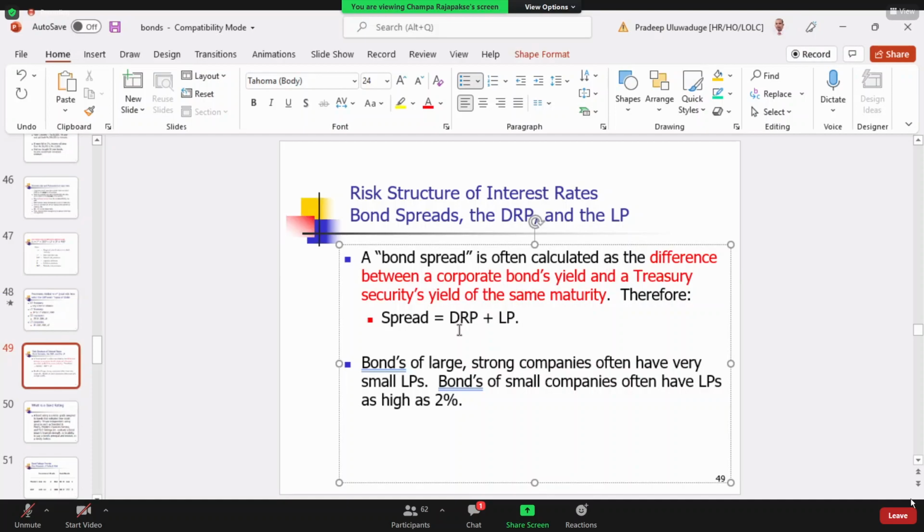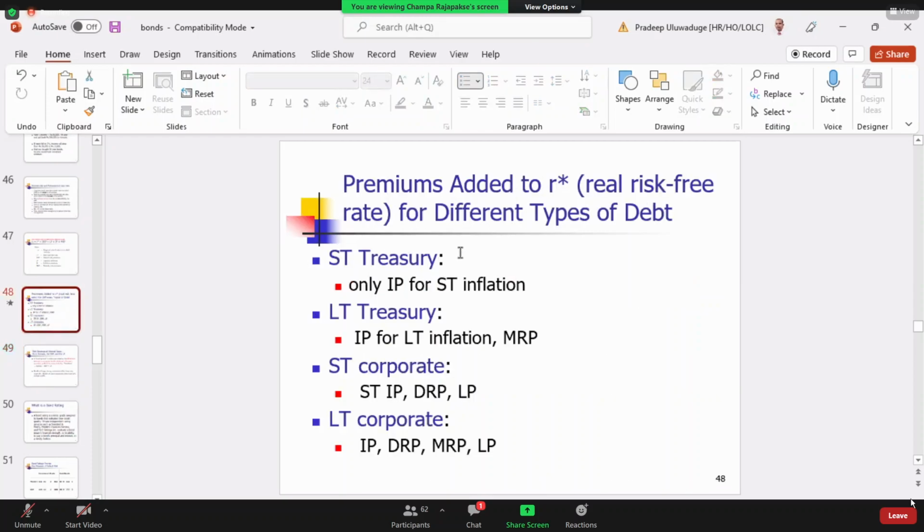Therefore, the spread comprises the default risk premium and liquidity premium. If you compare short-term treasury and short-term corporate, you have an inflation premium for both, and in addition, for corporate securities, there is a default risk premium and liquidity premium. For long-term treasury and long-term corporate, you have an inflation premium and MRP on both, and the difference comprises the default risk premium and liquidity premium.